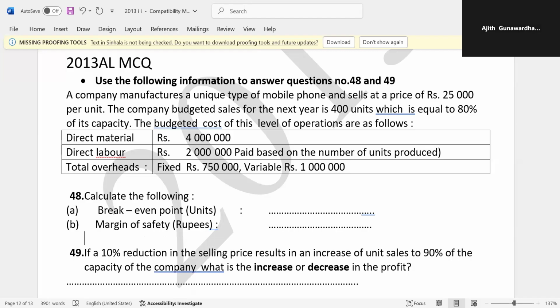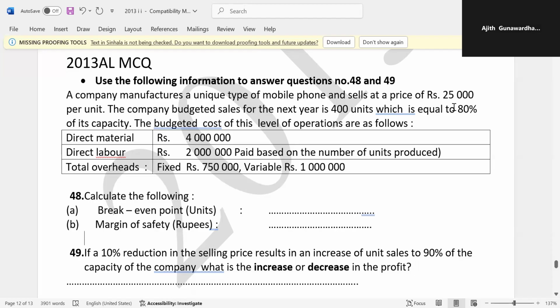If the selling price is reduced by 10% and unit sales quantity increases to 90% of its capacity, they ask what is the increase or decrease in profit. There are two requirements. The selling price is given as 25,000, and the budgeted sales quantity is given as 400,000, which is equal to 80% of its capacity.